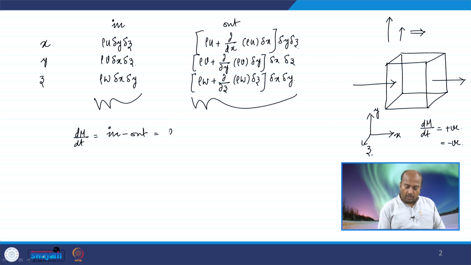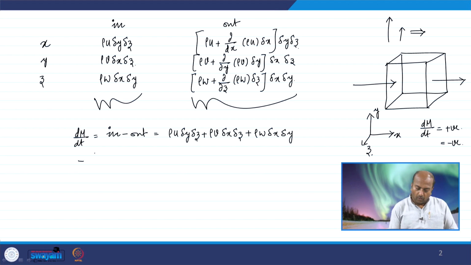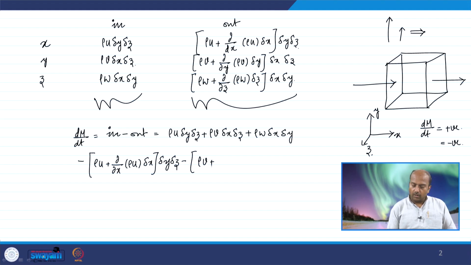So, combining all these things, you can write simply rho u delta y delta z plus rho v delta x delta z plus rho w delta x delta y, minus all this: rho u plus dou by dou x of rho u delta x times delta y delta z, minus rho v plus the rate of change of, or the gradient of, mass flux, minus rho w plus the corresponding term.